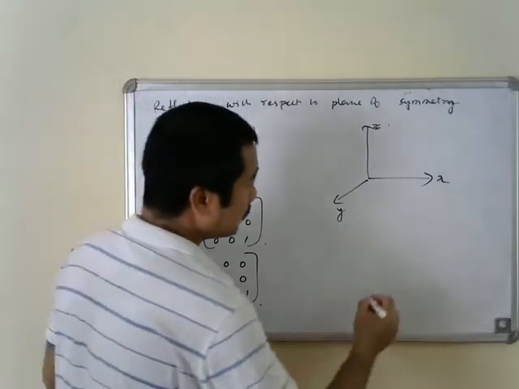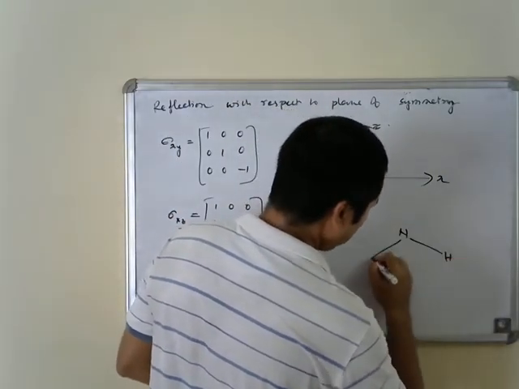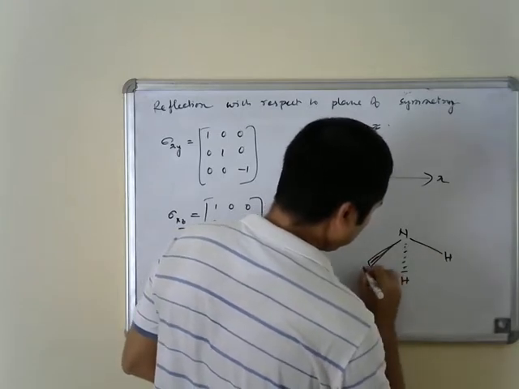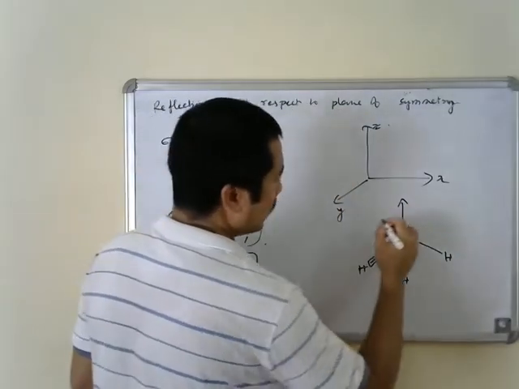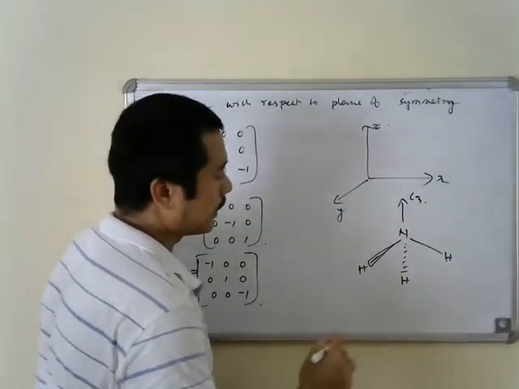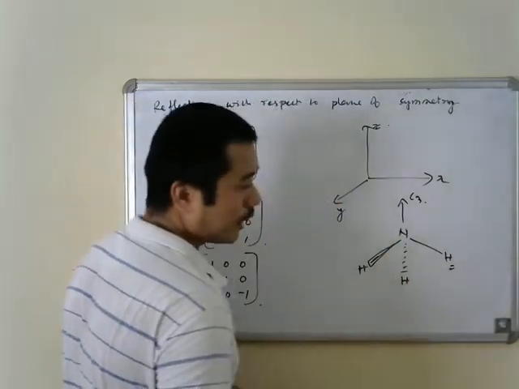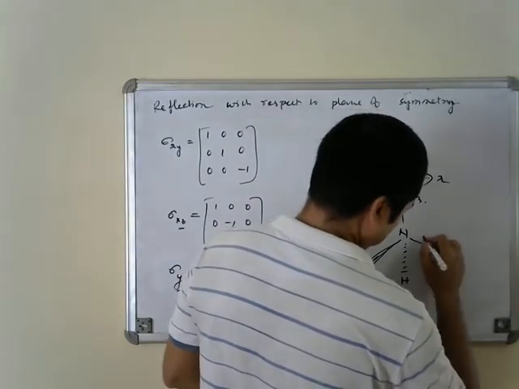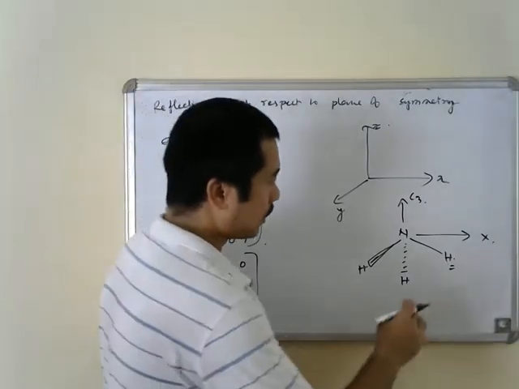So, for example, if you take the ammonia molecule now, if you assume the C3 axis, again, say the nitrogen atom, and this hydrogen atom lies on the plane of this board, then the C3 axis will also lie on the plane of the board, and this particular hydrogen atom lies on the xz plane.